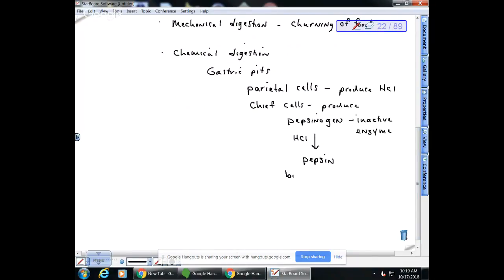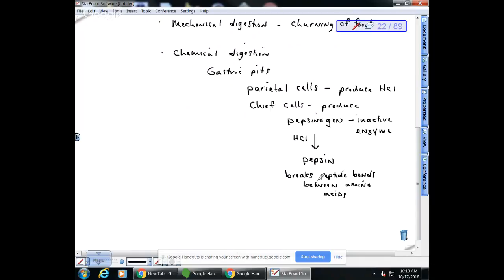So it breaks peptide bonds between amino acids. So protein digestion begins in the stomach, whereas starch digestion, carbohydrate digestion, occurs in the mouth.